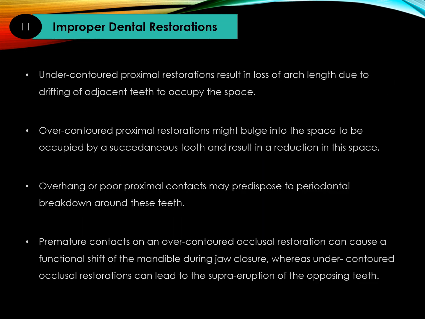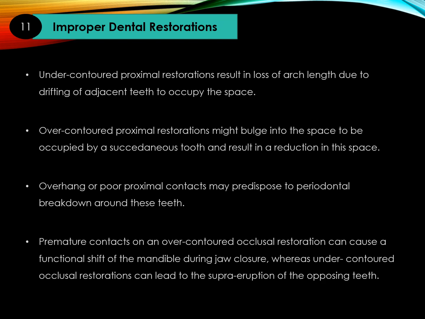The last and the 11th local factor is improper dental restoration. So here, how can undercontoured and overcontoured proximal restorations affect tooth positions? That's what we're going to be learning about.